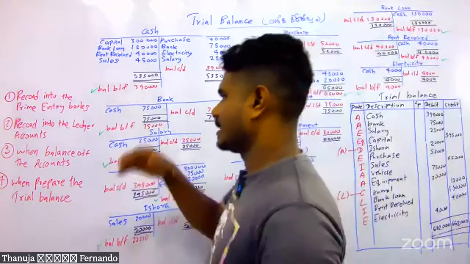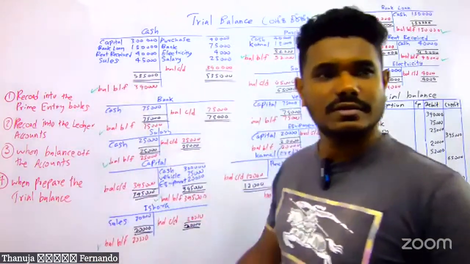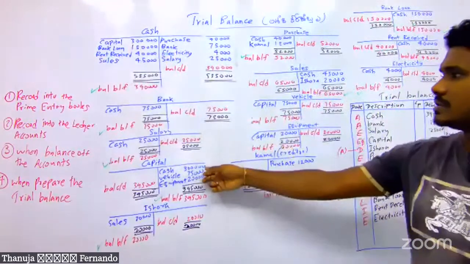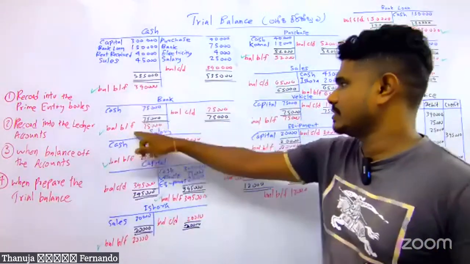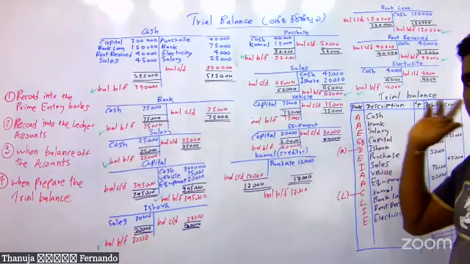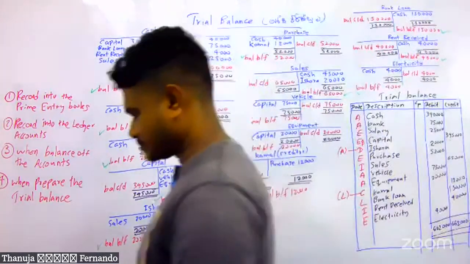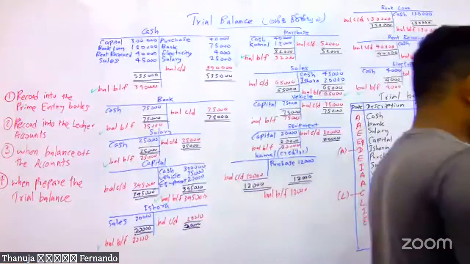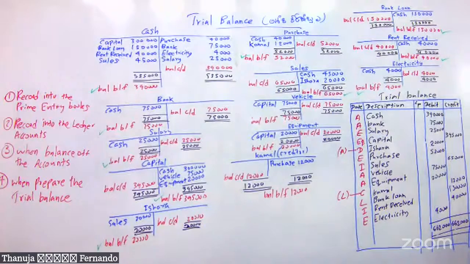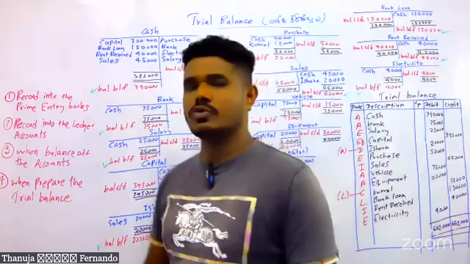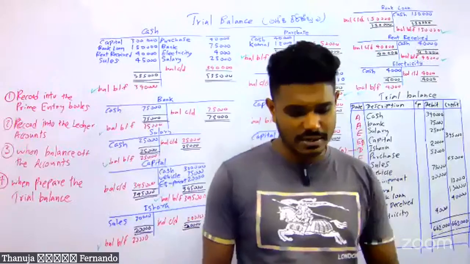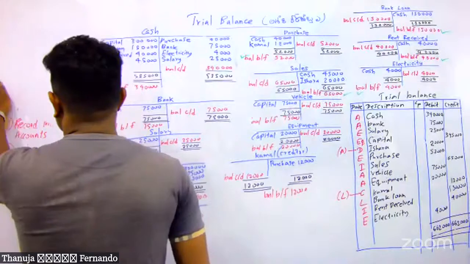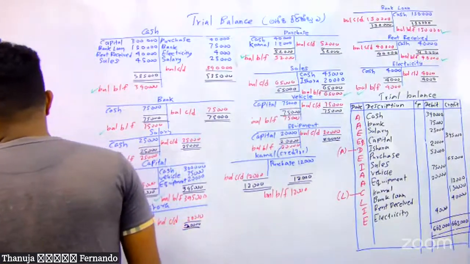Does everyone understand the places where correction errors can occur? Clear? Prime entry books, ledger accounts, when we take the balances, and when we prepare the trial balance, right? Okay. So now we know the situations where errors might happen. Now we are going to learn about the errors.